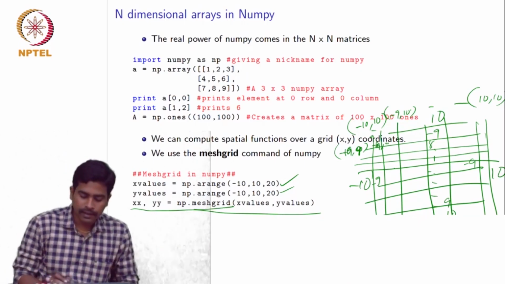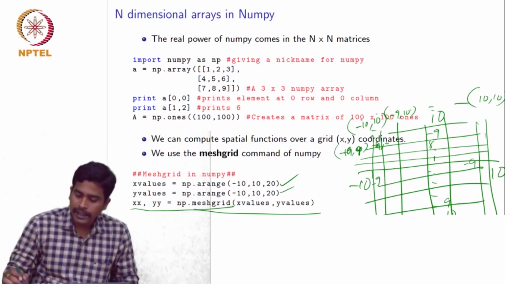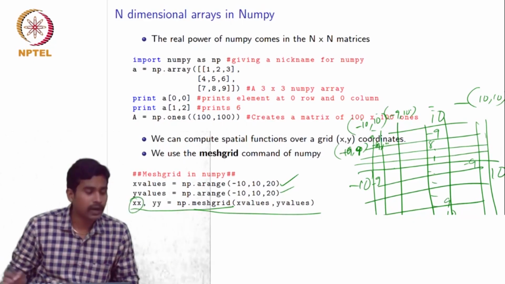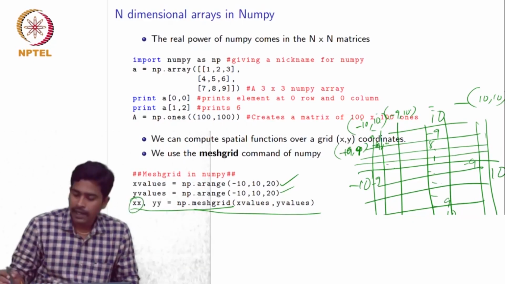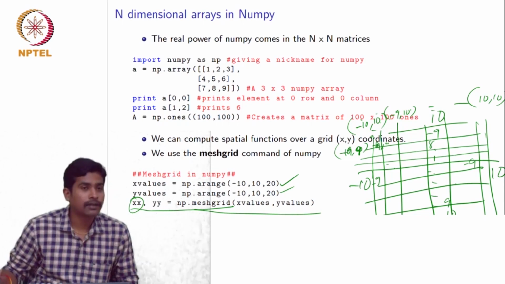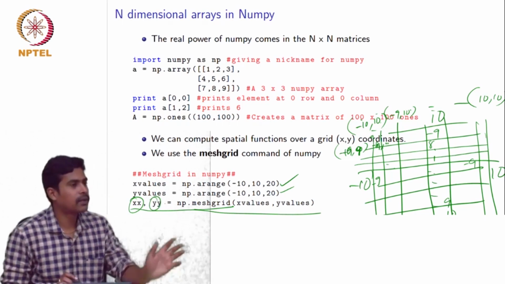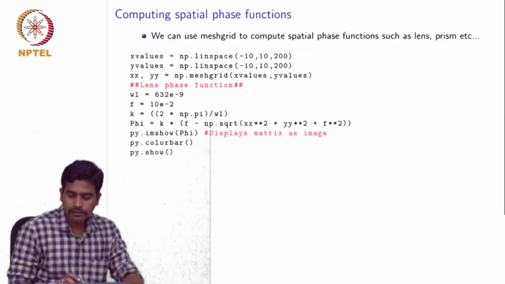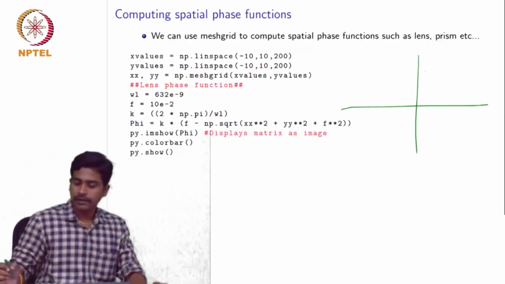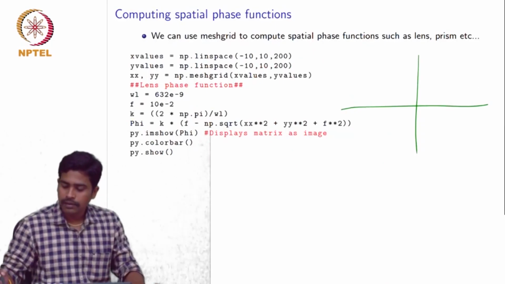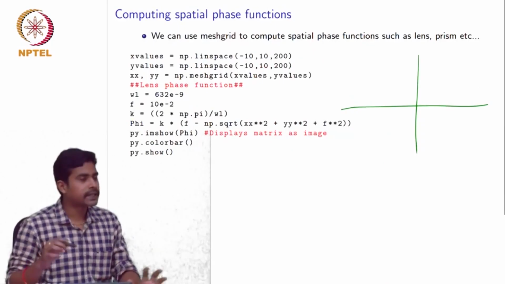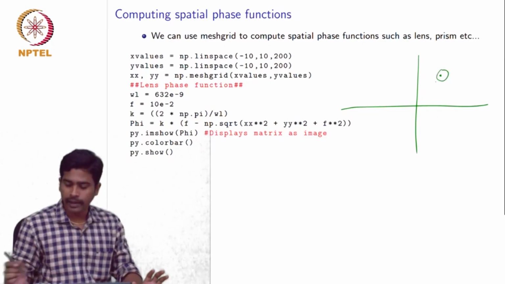What this mesh grid command does is take all the x coordinates from these points and store them in xx, and take all the y coordinates and store them in yy. For example, if you want to calculate the lens function, you can convert xx and yy into radial coordinates.